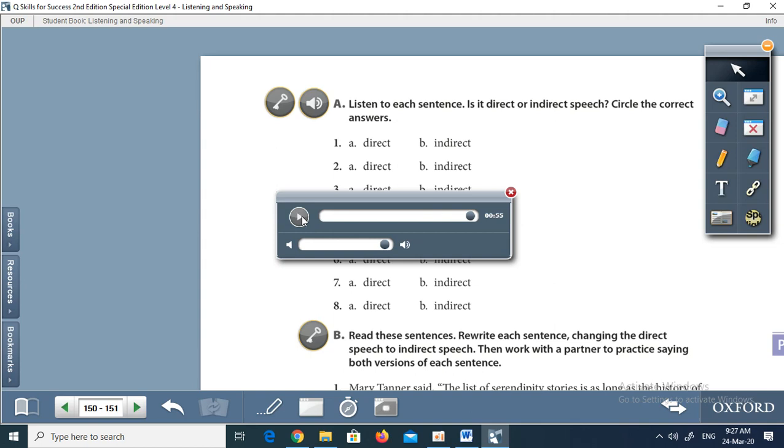If I said, Ahmed said that he was really glad to see me, that is indirect because Ahmed becomes he. So I am reporting his speech. All right. Let us listen a second time.